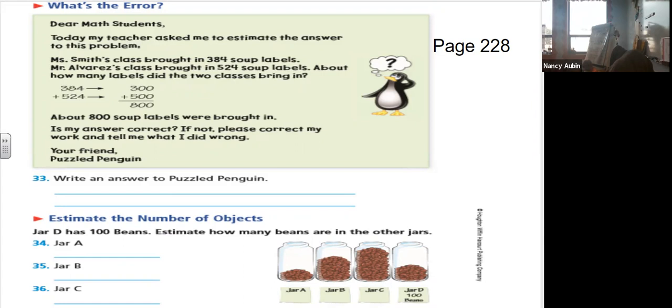Write your name at the top. Just answer Puzzle Penguin. Once you're done with that, I will answer it.